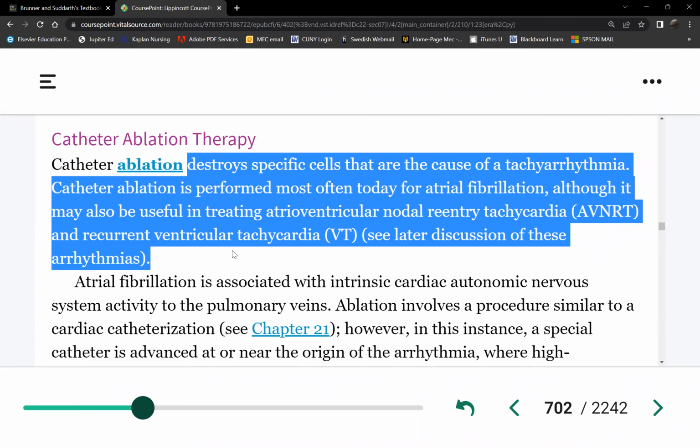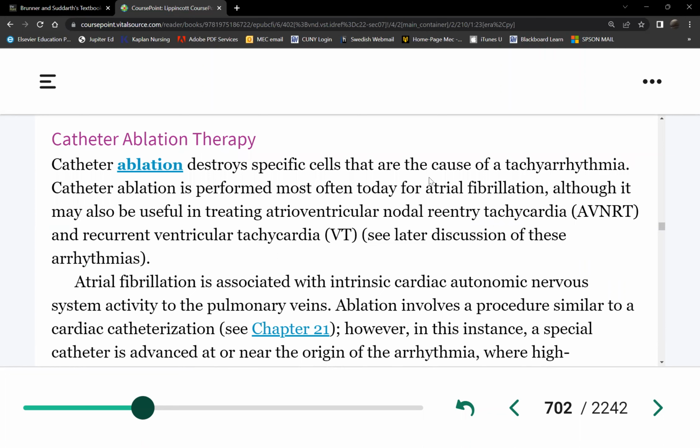Okay, because let's say, for instance, if we do ablation therapy for AFib, are those impulses coming from the SA node, those F waves? No, obviously not, because they're not P waves. They're not coming from the SA node. Something else is throwing those electrical impulses. Okay, so why is that happening?